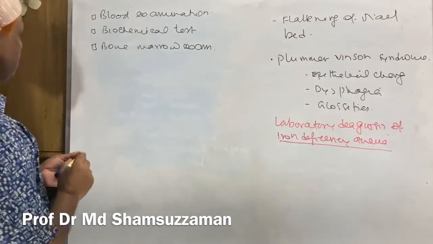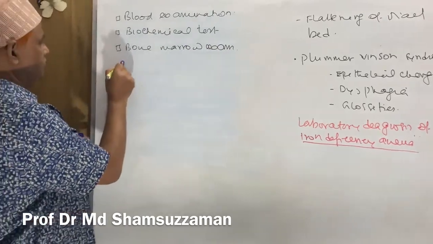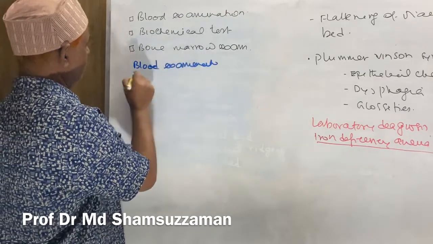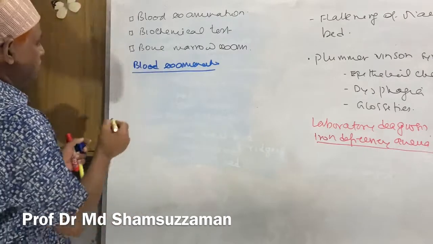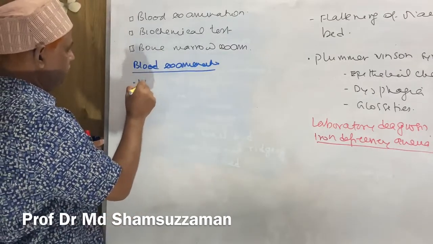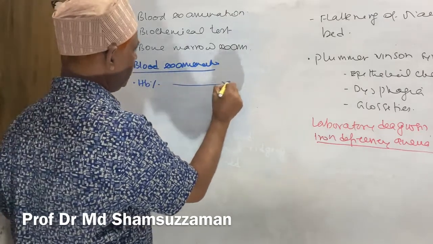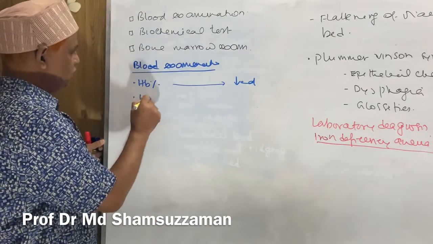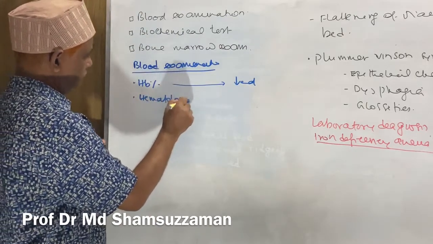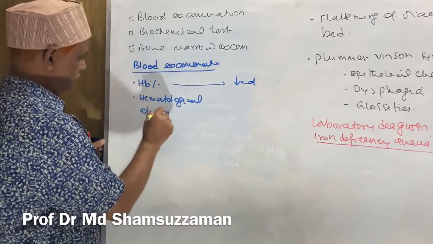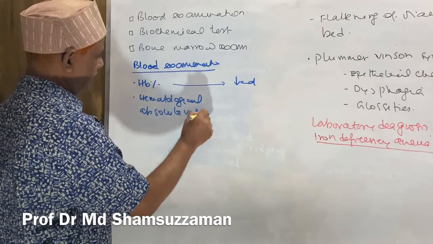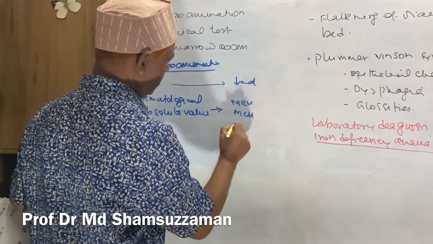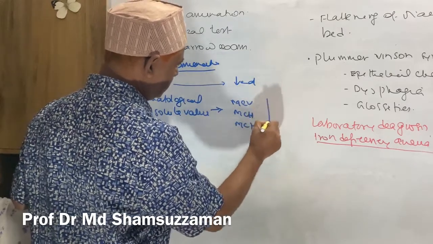First come to blood examination. First we have to do hemoglobin estimation. As it is anemia, it will be reduced. Then we have to do hematological absolute values, that is MCV, MCH and MCHC, all three are decreased.